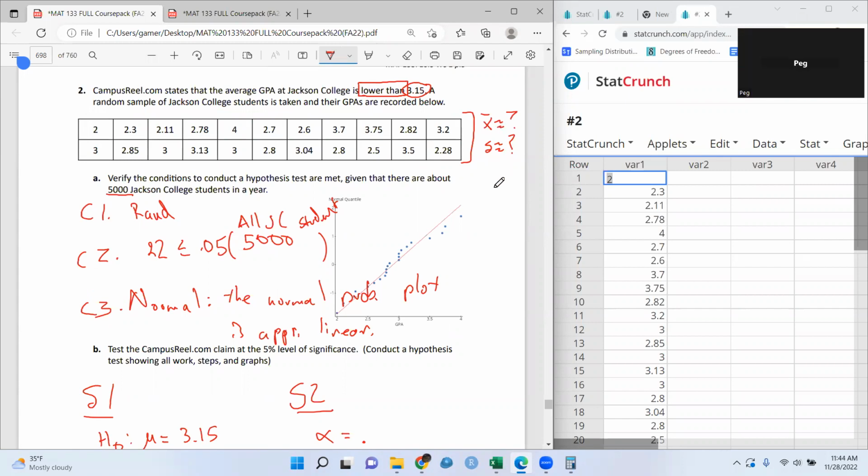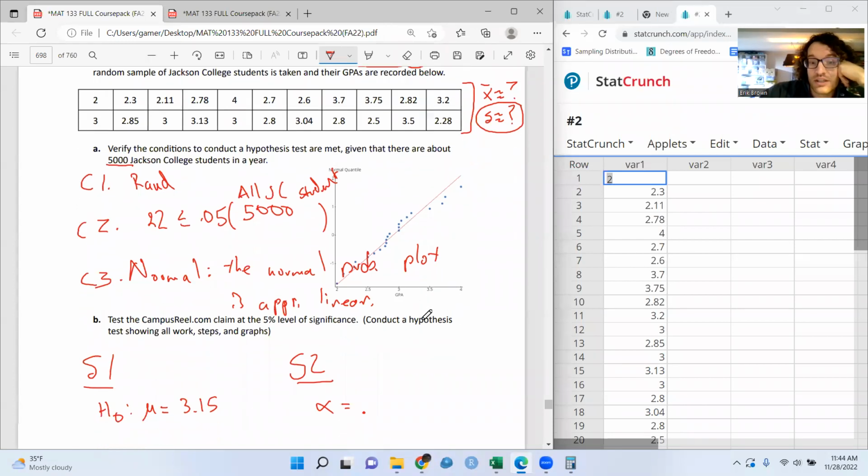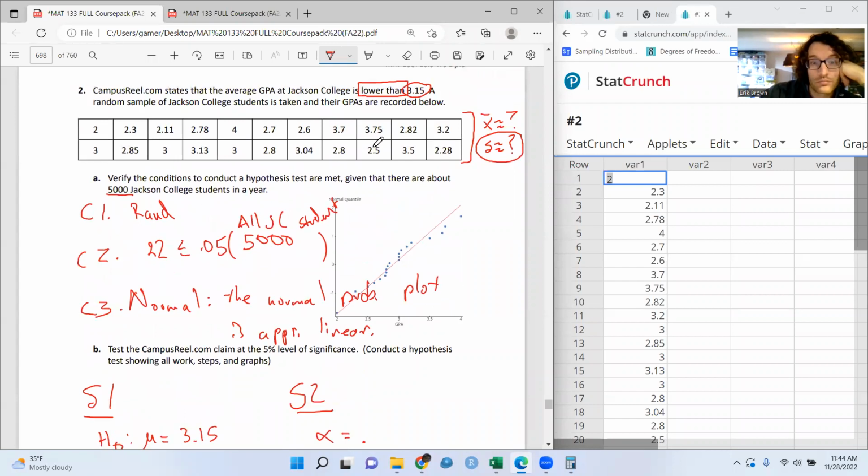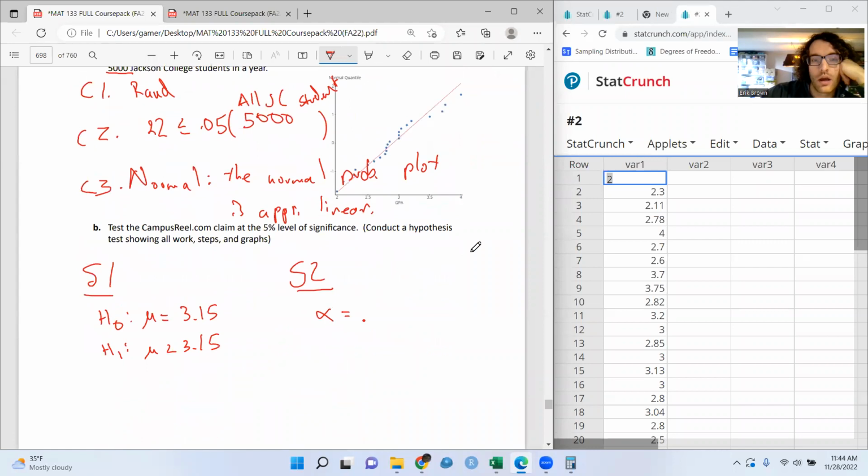Okay, good. We get this in StatCrunch. To get the sample standard deviation, we'd have to do the summary stats, but I'm not going to require you to do that, because in step 3 we don't enter the standard deviation or the mean. We have the table.